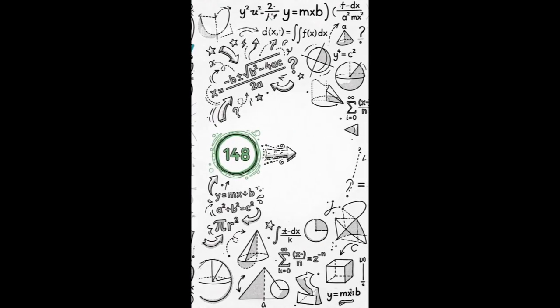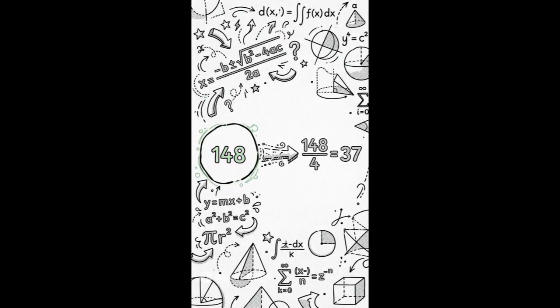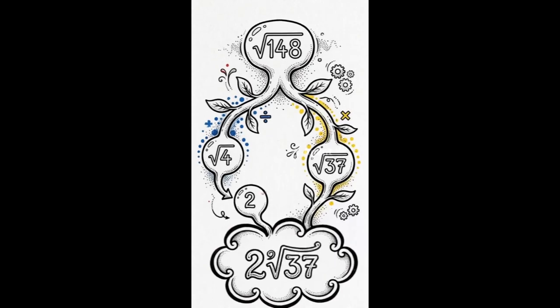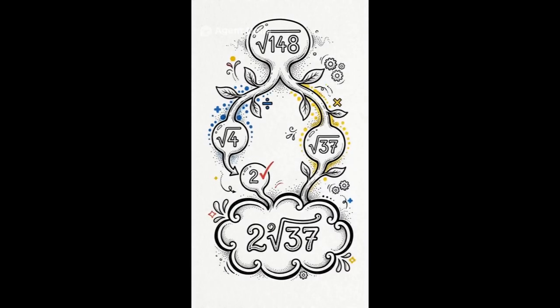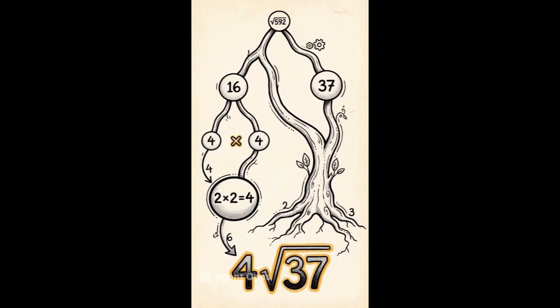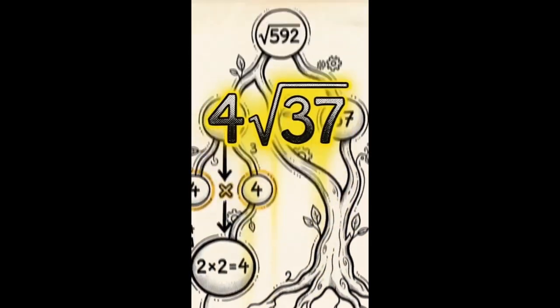We can simplify further. 148 divided by 4 is 37. So, square root 148 equals the square root of 4 times 37 equals 2 times root 37. Therefore, square root 592 simplifies to 2 times 2 root 37, which is 4 root 37.